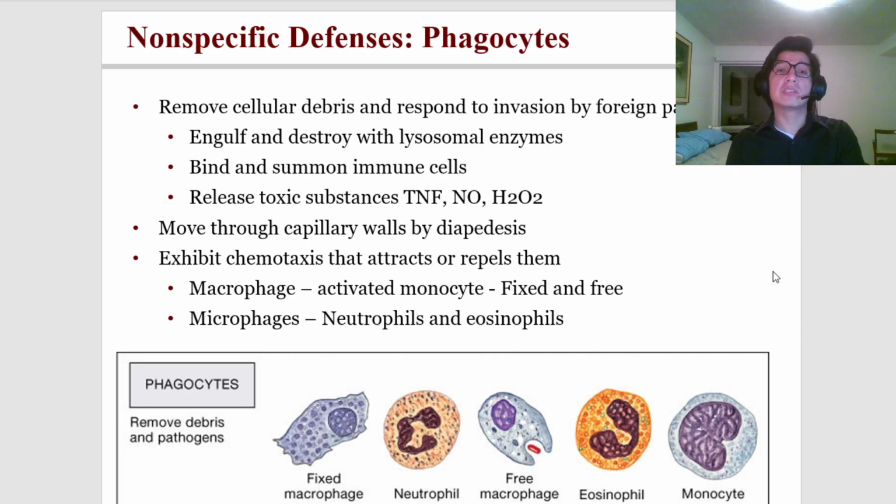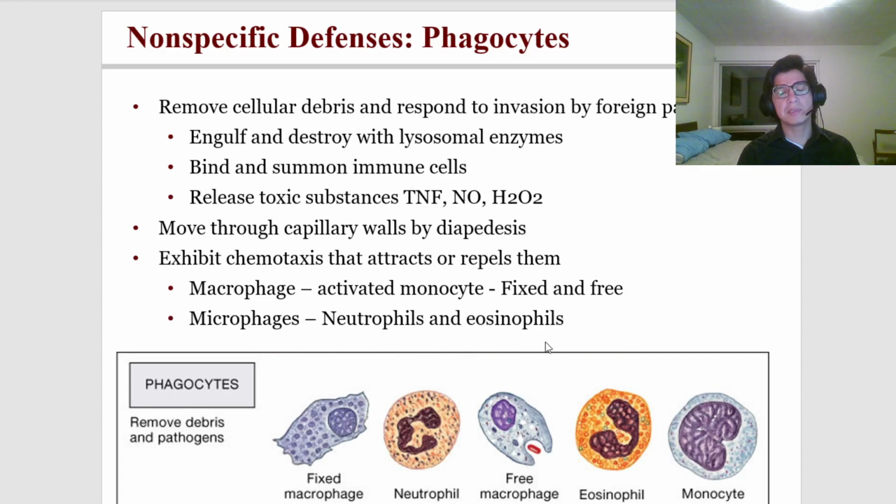We have phagocytes, cells that just digest foreign invaders. We talked last week about neutrophils, eosinophils, and macrophages. These are all white blood cells that have this phagocytic component, and once they digest it, they usually present it. We have other categories of macrophages known as fixed macrophages and free macrophages.